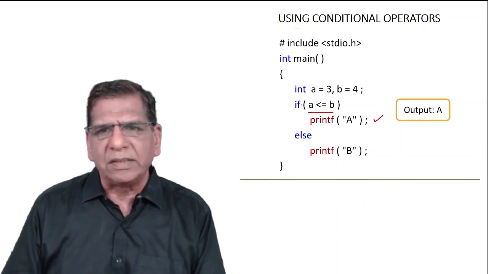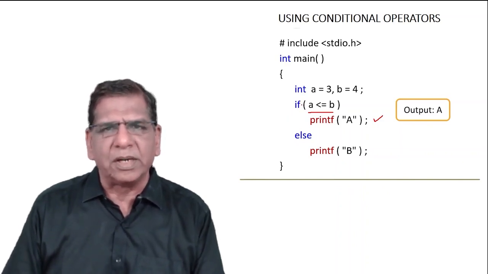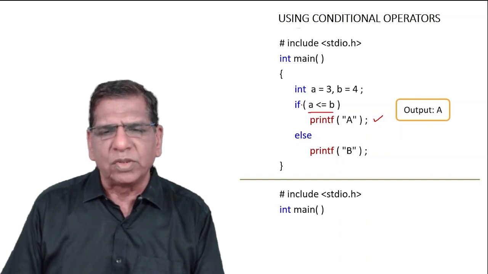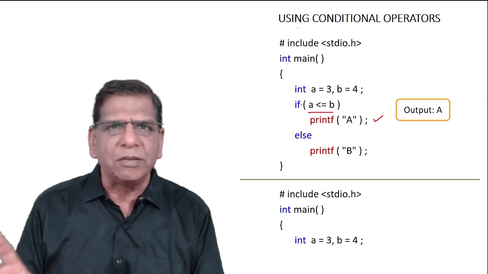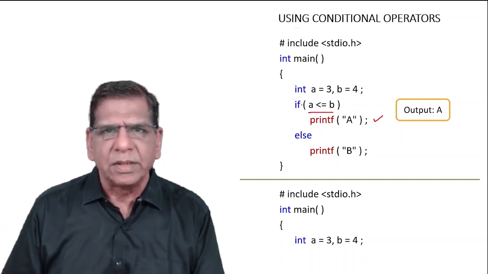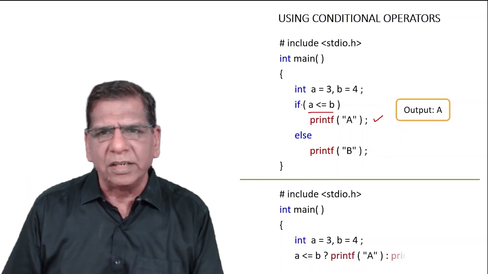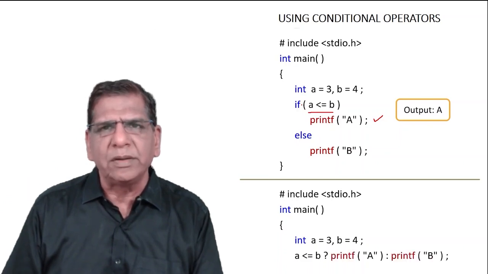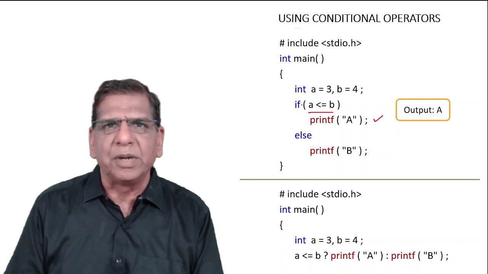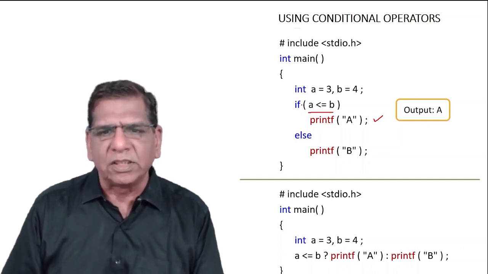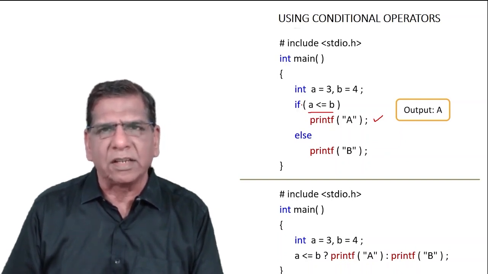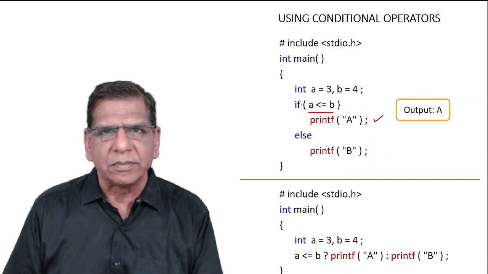Now if you are to replace this if and else with conditional operators, the way to do so is to say within main first the declarations, and then I'll completely drop the keywords if and else. Instead, we would straightaway write a condition saying A less than or equal to B, question mark printf A, colon printf B. This question mark and colon that we are using here, they qualify as conditional operators.